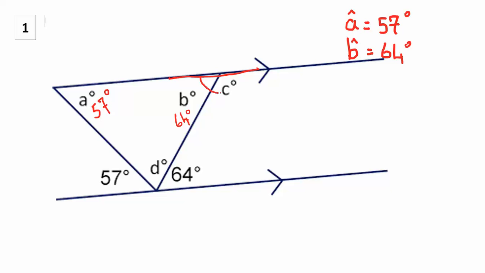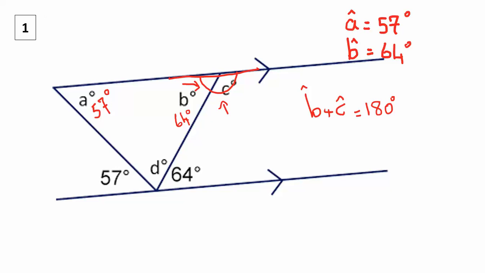We've got two angles lying next to each other. There's one angle and there's the other angle. These are called supplementary angles. So angle B plus angle C has to give me 180 degrees because that is what the rule says.